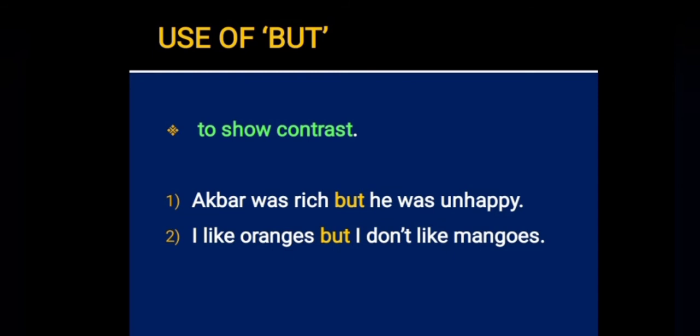So students, keep in mind this thing: while "and" connects two alike ideas or things, two similar ideas or things, "but" connects two opposite ideas or things. So this is the main difference between the use of "and" and "but".